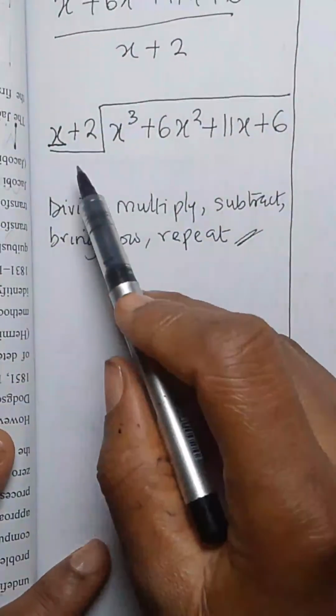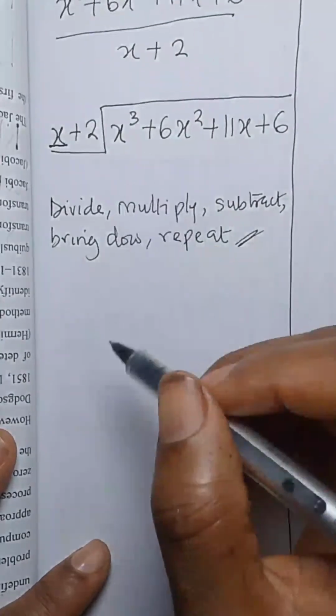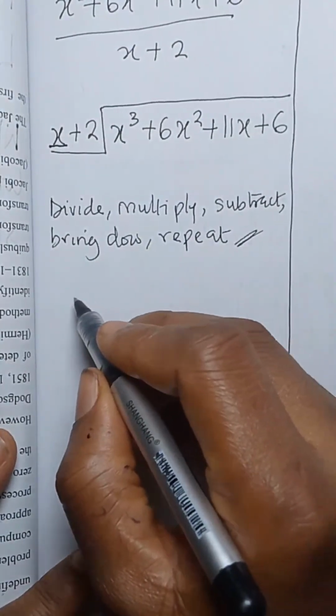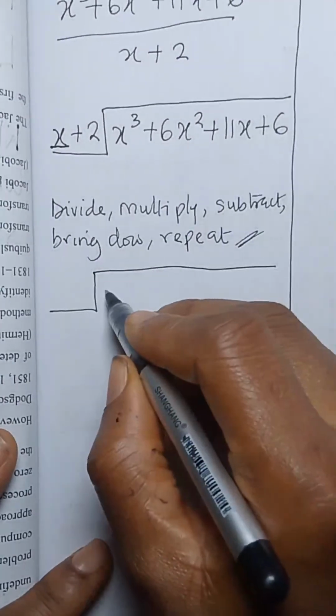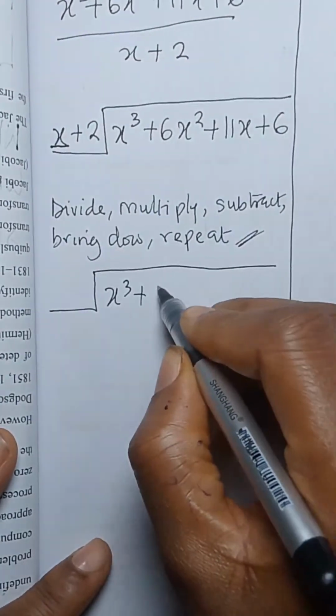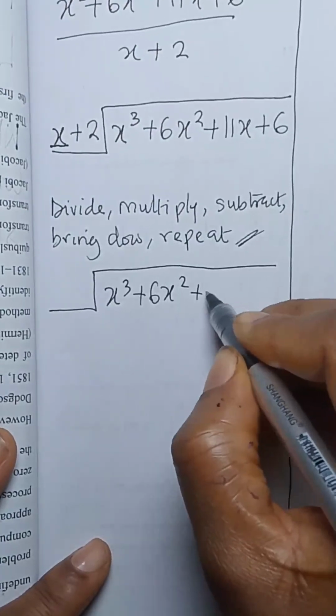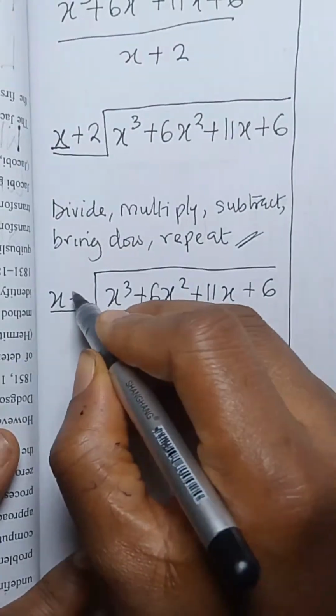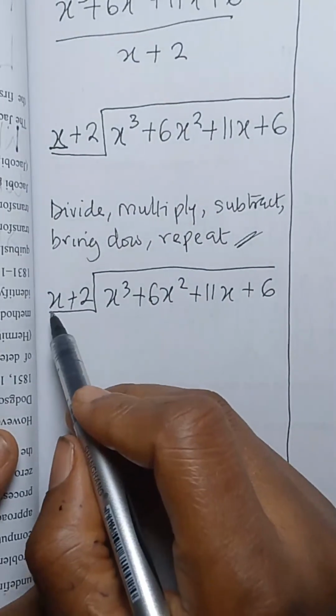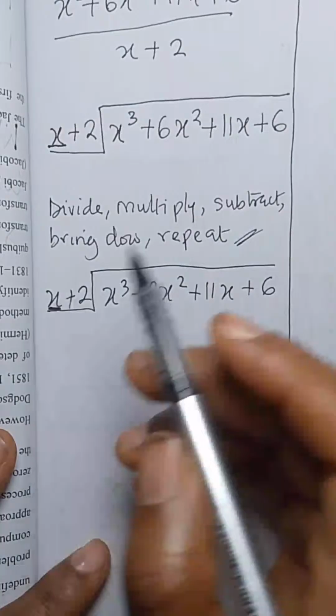Now we are going to start from here. Remember, it's dividing. So let me bring it down here again. I have to write this so that you see how to do it. So you have x cubed plus 6x squared plus 11x plus 6, and we are dividing by x plus 2. Now I said you're dividing only with the first term of the divisor.